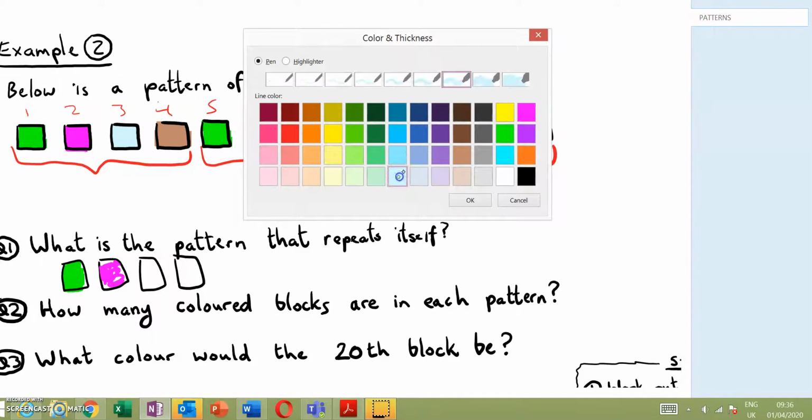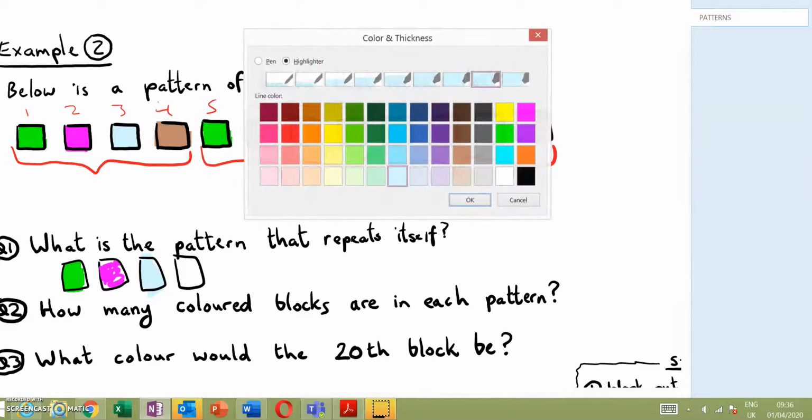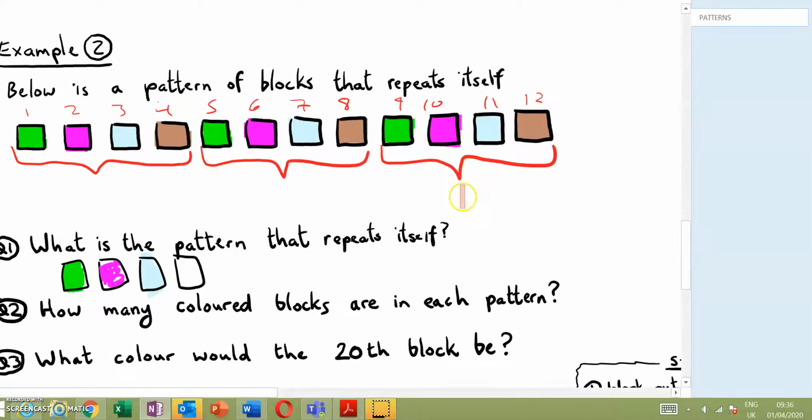Let's get this right, blue, highlighter. And then it goes on to a brown box. So there's the pattern that keeps repeating itself. Green, purple, blue, brown.